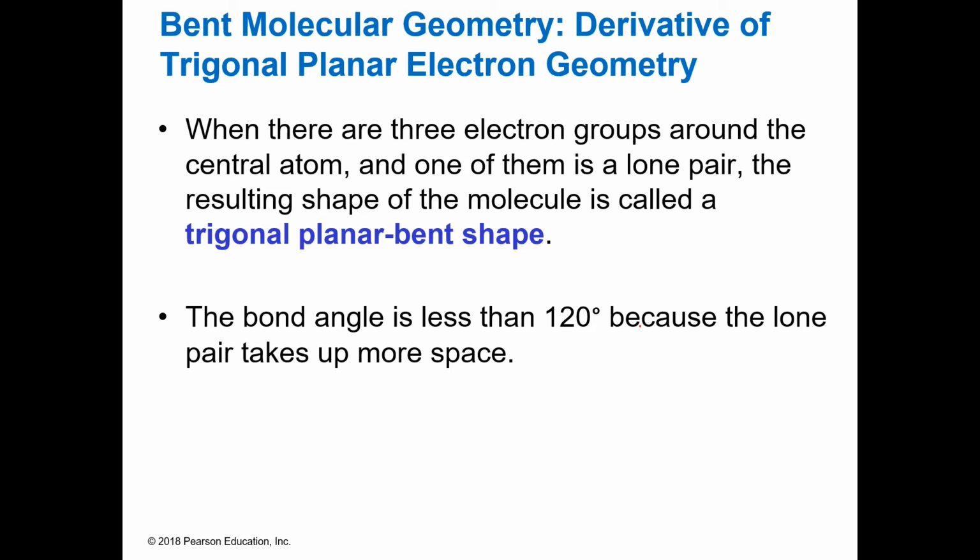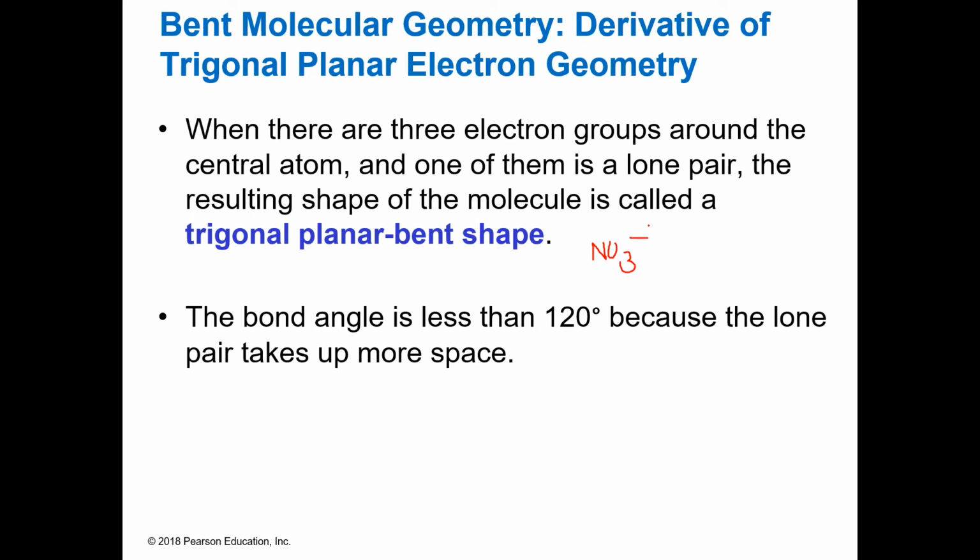So let's look at, for example, our trigonal planar electron geometry, which would be 3 electron groups, right? And we saw that with our nitrate ion, right? So that gave us a trigonal planar electron geometry.